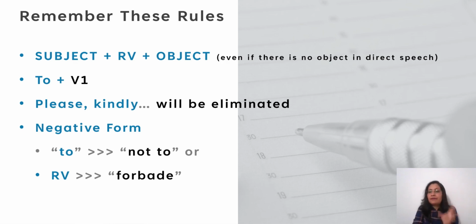So when they begin with a verb, we need to replace those verbs with their infinitive forms. So how do we do it? First step, we need to identify the subject, the object, and the reporting verb. Even if there is no object in the direct speech, you need to always imagine the subject, which is hidden, concealed in imperative sentences.